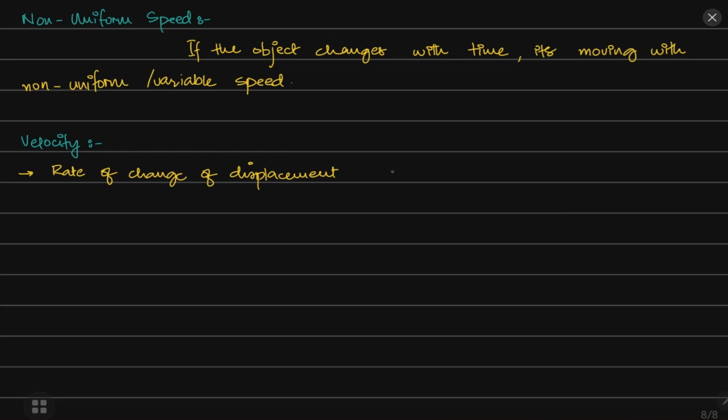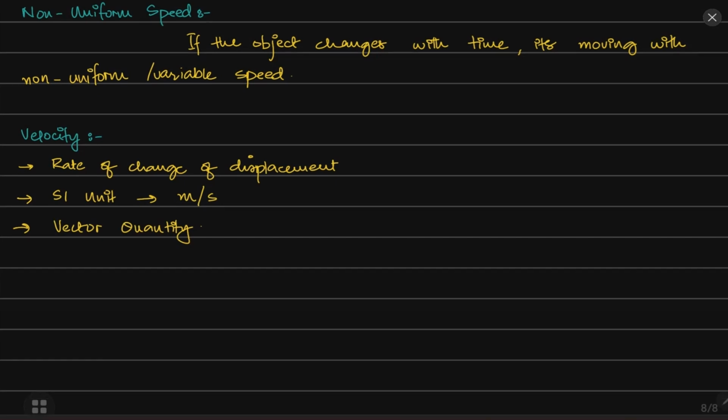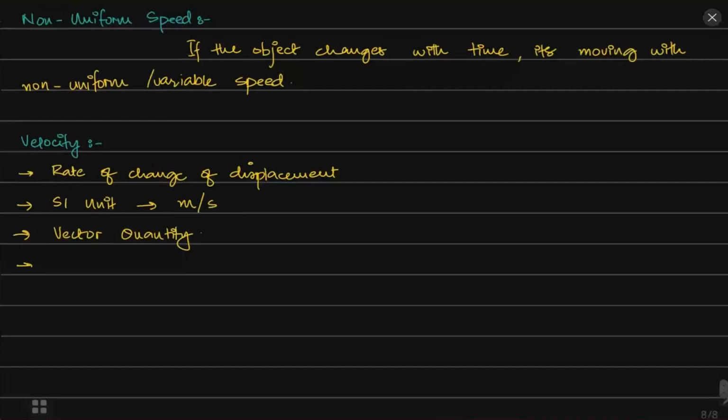That is also true. The SI unit would be meters per second again. There's no change in the units because distance is also in meters and displacement is also in meters. Similarly, it's going to be a vector quantity. Why? Because it has direction to it. And once again, the formula remains the same.